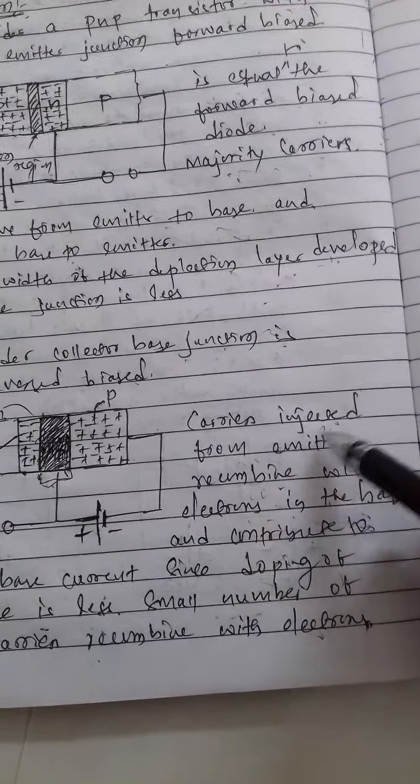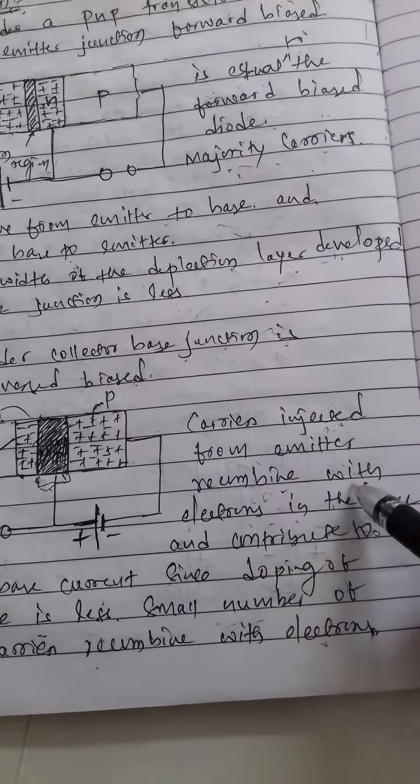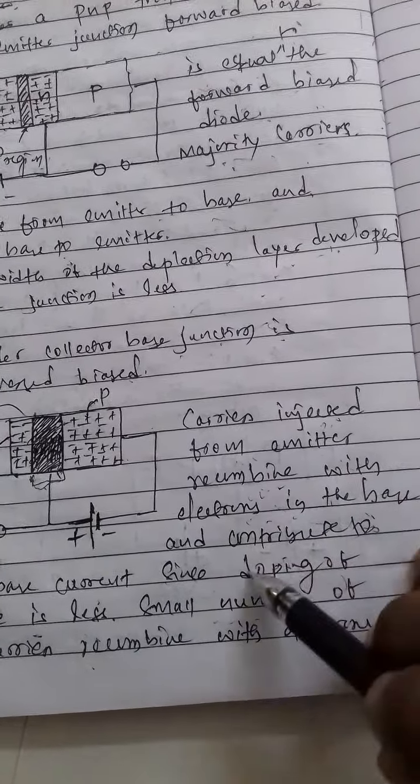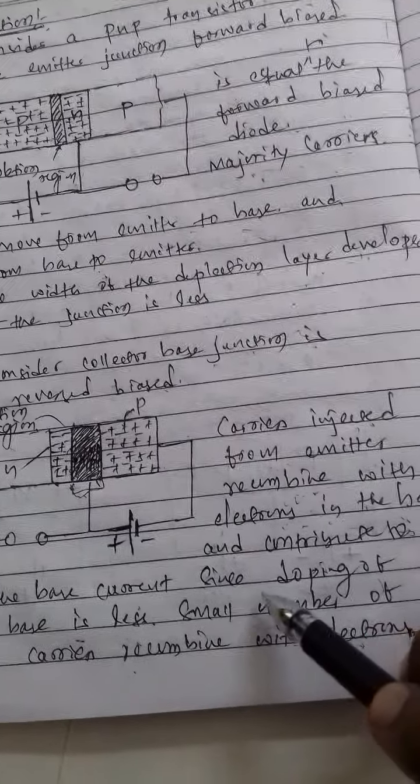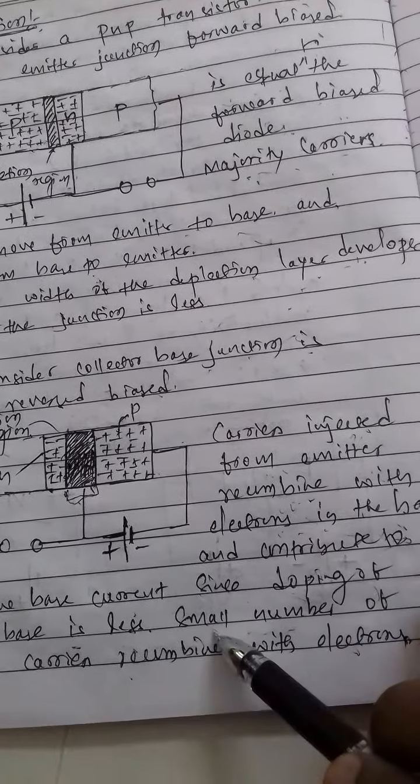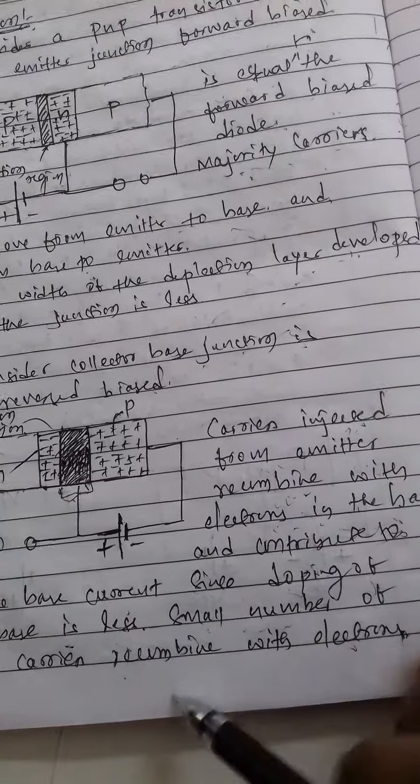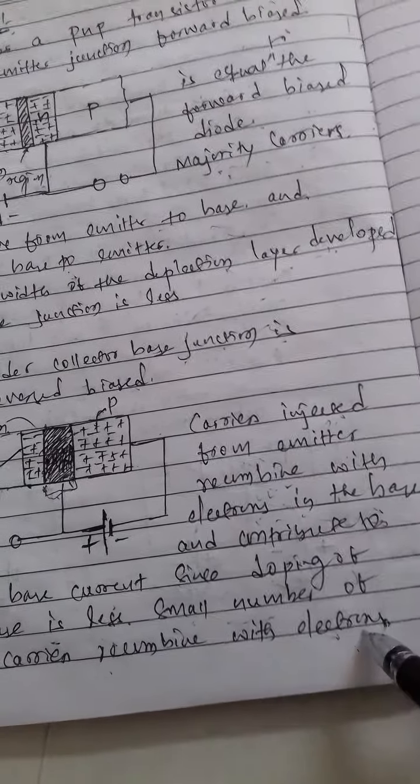The carriers injected from the emitter recombine with the electrons in the base and contribute to the base current. Since the doping of the base is less, only a small number of carriers recombine with electrons.